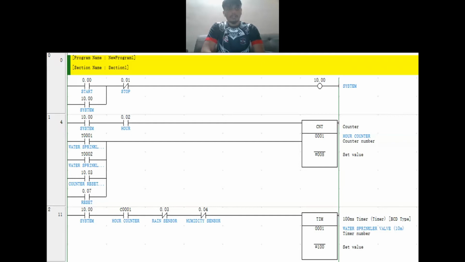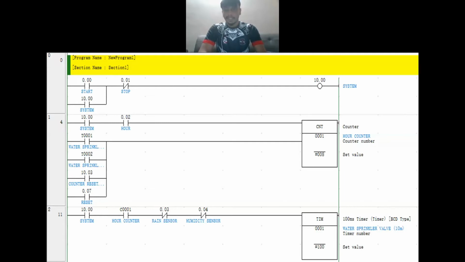This rung includes the start button and stop push button, and the output, which is the system. This is the background working system. Followed by it, we'll go to rung 1, which starts with the system, our push button, and a counter.